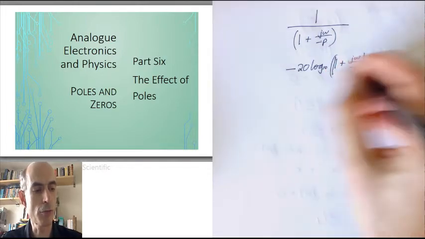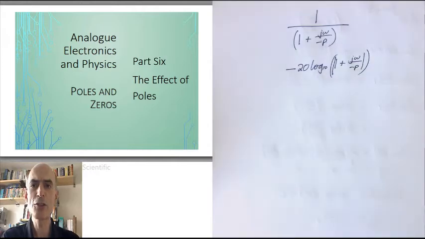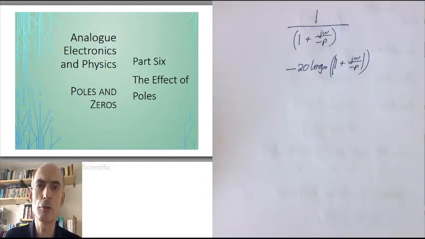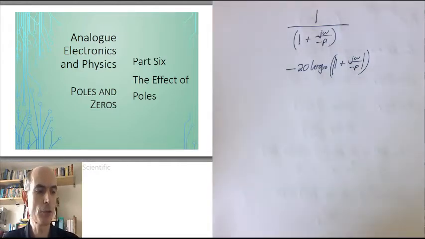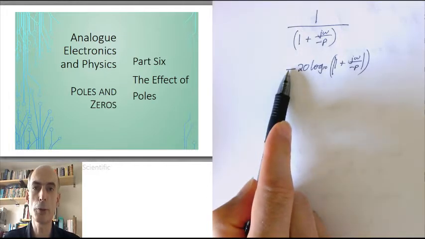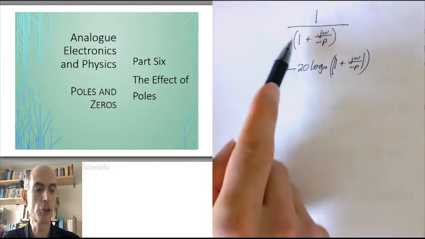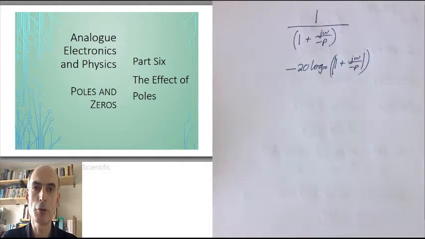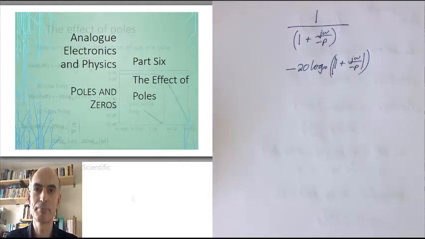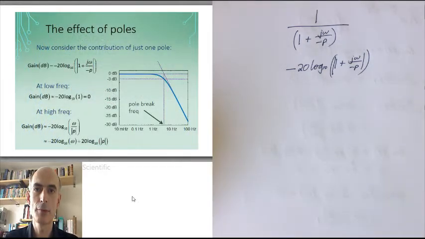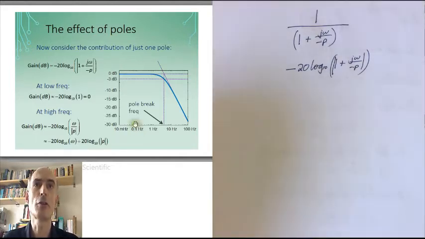So it's exactly the same form of equation that we got for the zeros, except that there's now a minus sign on the output because the pole terms were in the denominator rather than the numerator. So the analysis works exactly the same as before, it's just that the graph that we get is upside down.